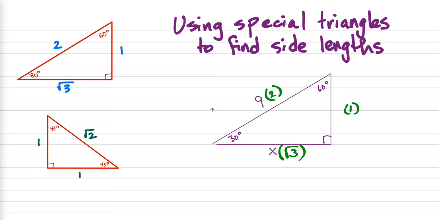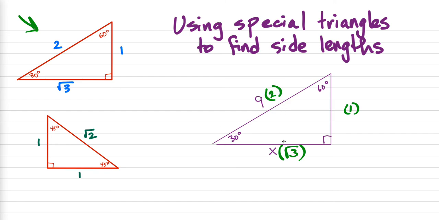Okay. What I did was I wrote the ratio, the sizes of these sides. Every 30, 60, 90 triangle, like this one up here in the corner, has the numbers in the same spots. Now those are just ratios. They're not the actual size of the triangle. Like this purple one, I know that that side is like 9 feet or something. I could have written a label on it.